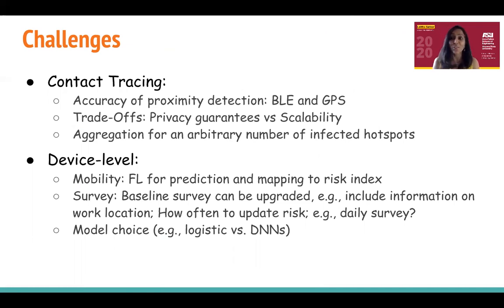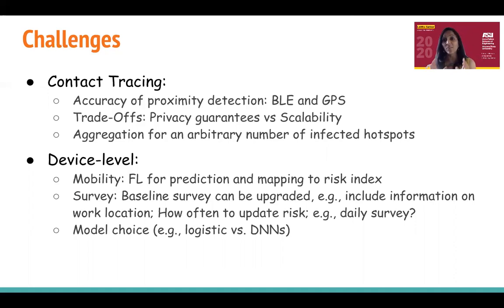There are several challenges, as I'm sure you've thought about during this talk itself. Certainly on the contact tracing side, GPS has a certain accuracy limitation, and that can limit proximity detection. In terms of trade-offs, you can give the user a lot of privacy guarantees if you continually or more frequently change the Bluetooth key to actually encrypt the GPS.